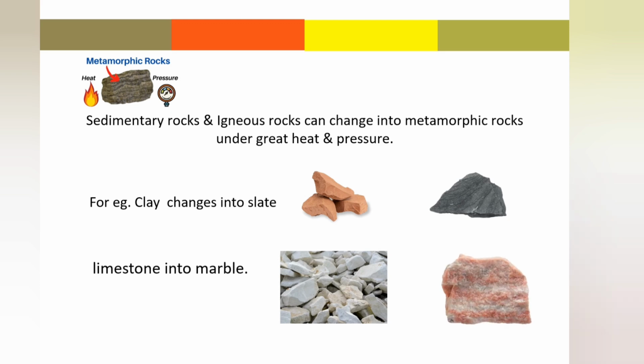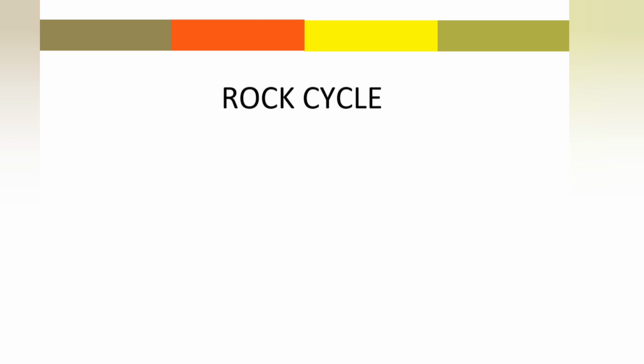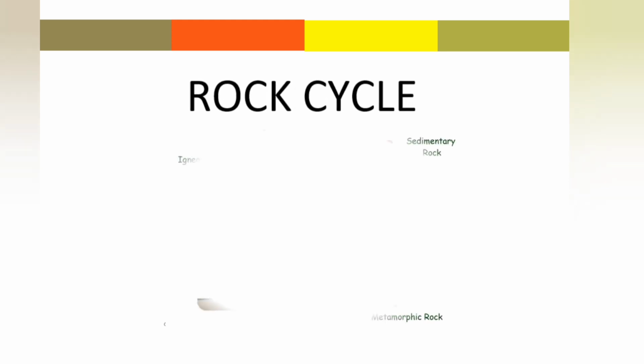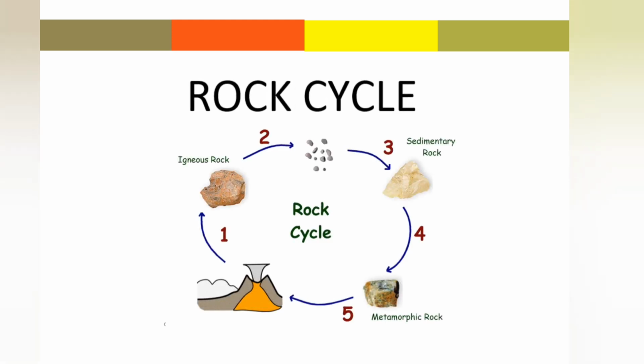Then let us see the rock cycle. It's explained in a very simple diagram, wherein the first thing is that the magma is coming out and the lava is spread over the region. When it cools down, you get the igneous rocks. After that, the second thing is that the igneous rocks, when they roll down, break over a period of time and form small sediments.